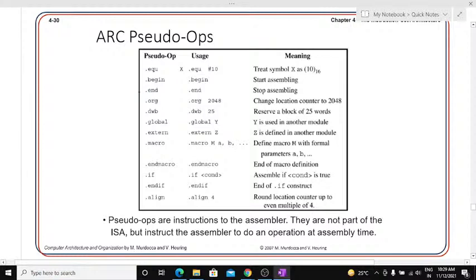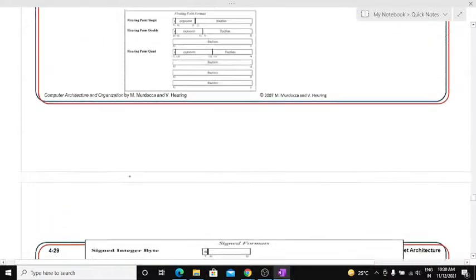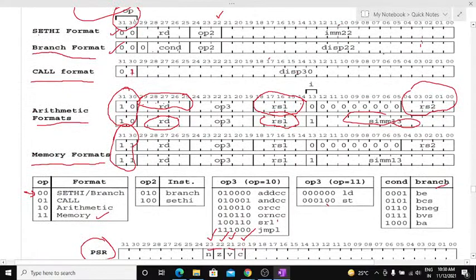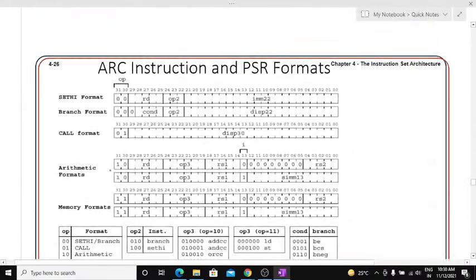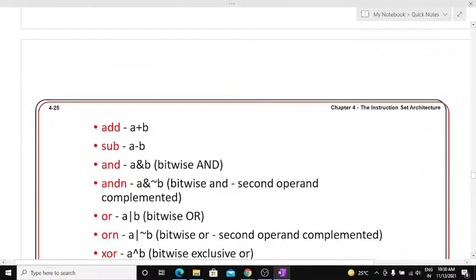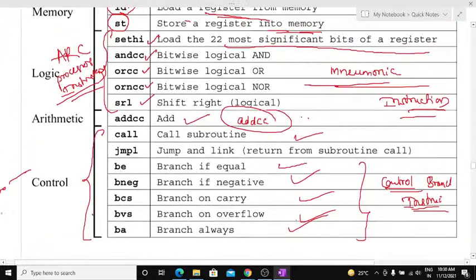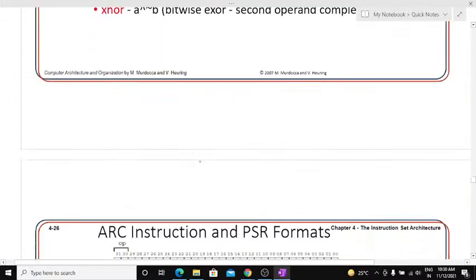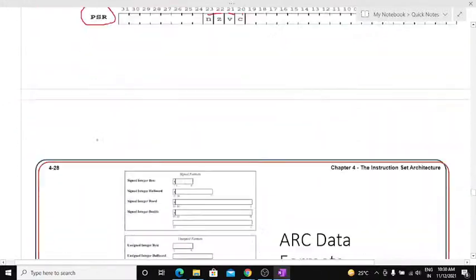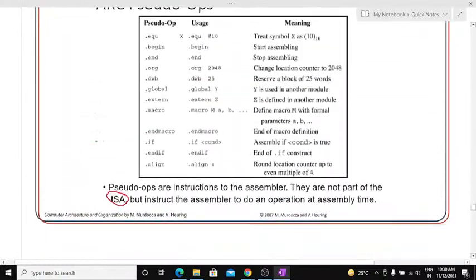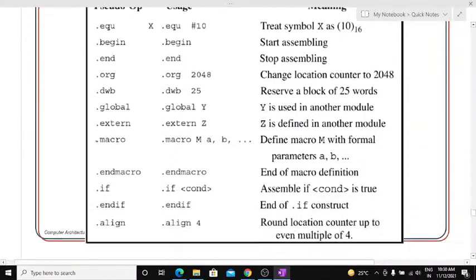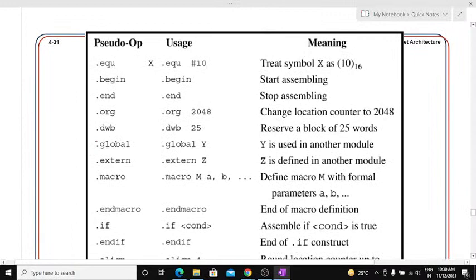They are not part of the instruction set architecture, meaning they are not instructions. Instructions are things like add, subtract, call, jump, branch equal, branch negative and all. These are all branch related or other ARC instructions. So pseudo operations are instructions to the assembler.